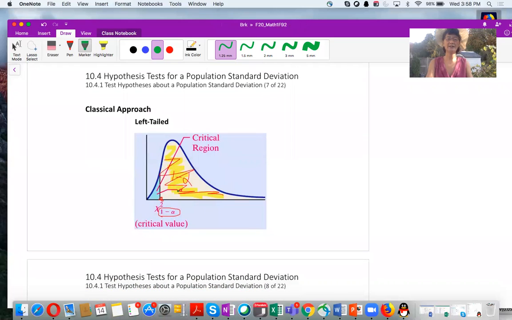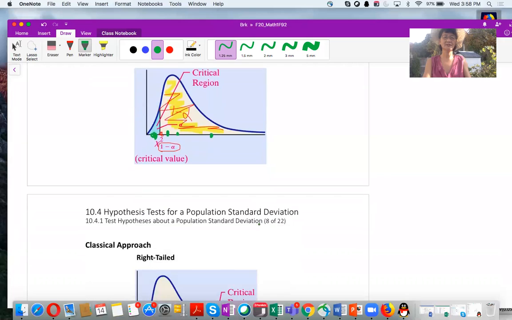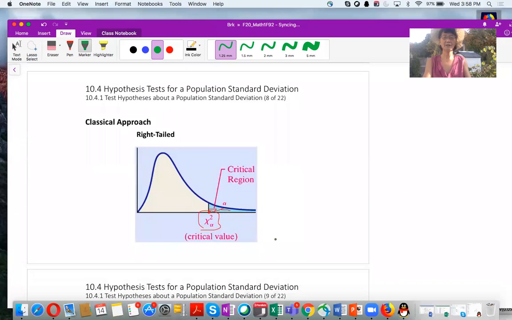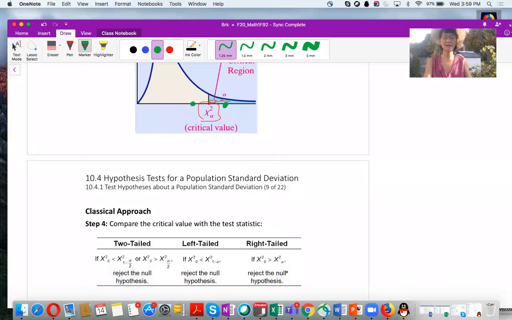In this left-tail test, if the test statistic is here, you reject H0 because it is in the rejection region. The critical region is also called the rejection region. If the test statistic is here, or even here, you do not reject H0. And this is a right-tail test. If the test statistic is here, you reject H0. If it is here, you do not reject H0. So this is in table format.